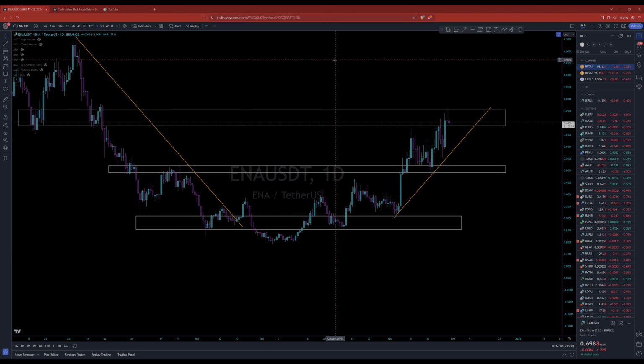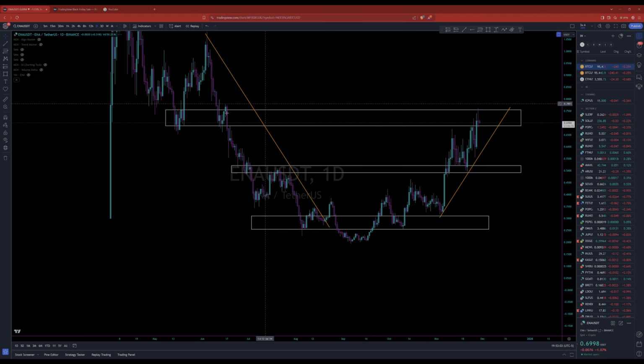Let's try a different one. But you see the power of pairing them together, right? Trend lines and horizontal supports. And the more touches, especially on the daily time frame, the more powerful.